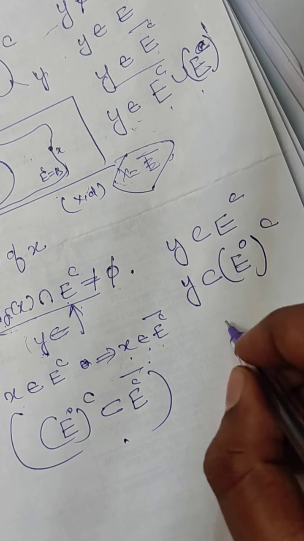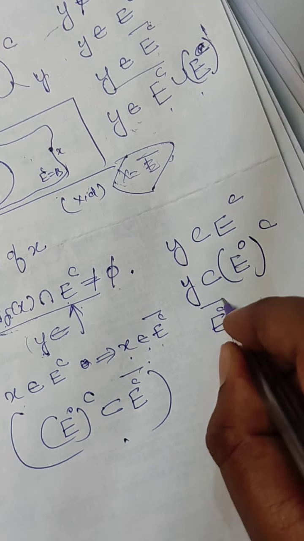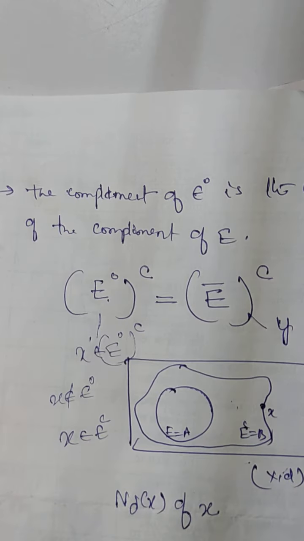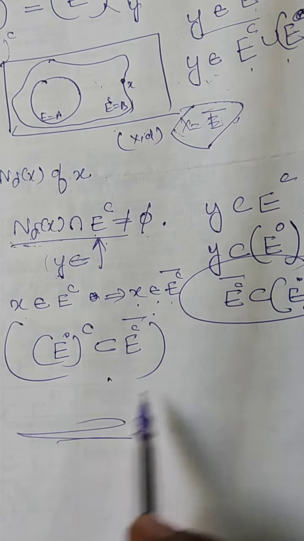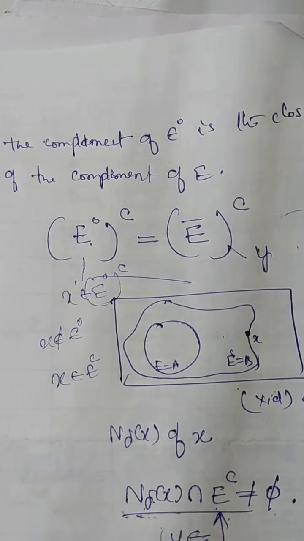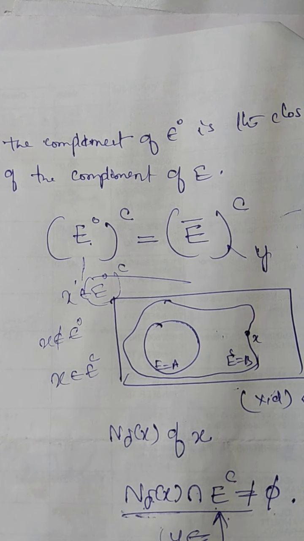So from there we get that E complement closure is a subset of E interior complement. From 1 and 2 we can imply that E interior complement is equal to E closure complement. This is what we get. From this and this we get this. So you can follow your textbook for understanding it correctly.